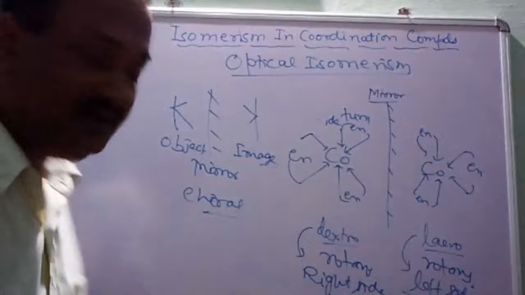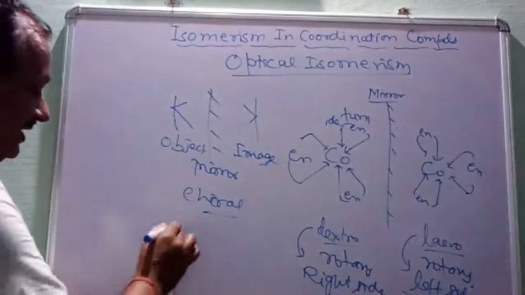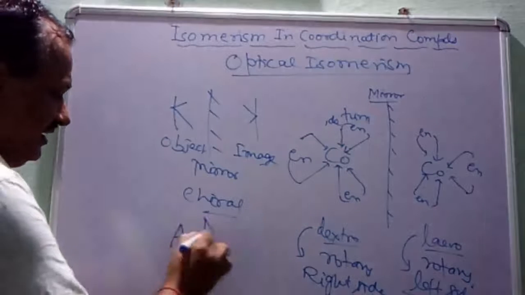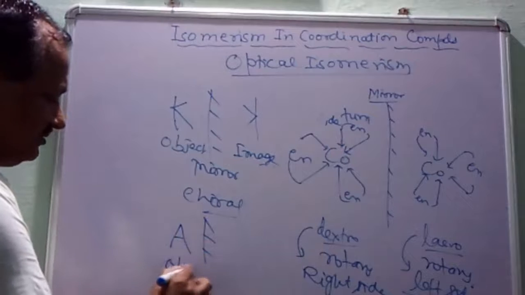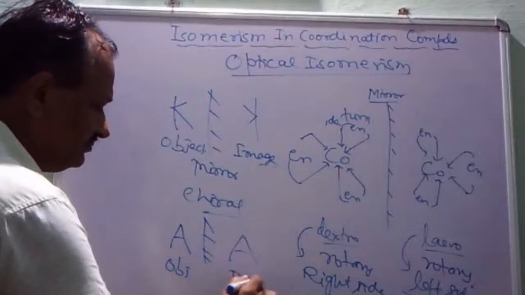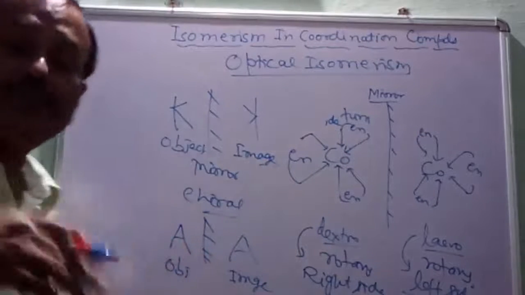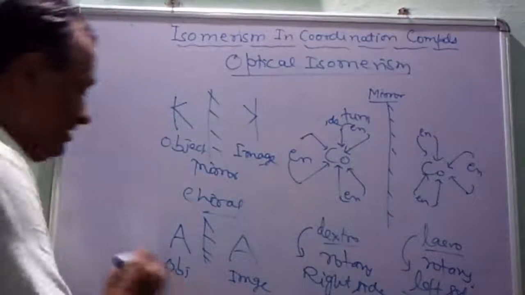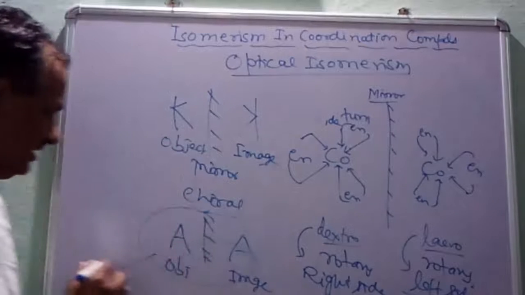What about achiral? Like, see, letter A. This is the object, and this is the image here. They can be superimposed. So this is said to be achiral.